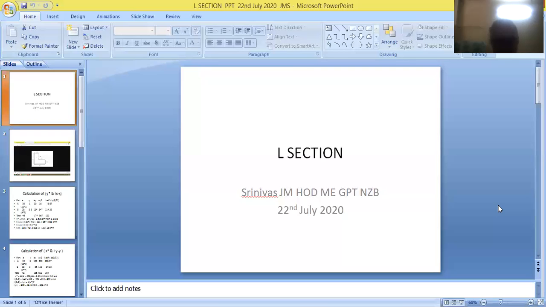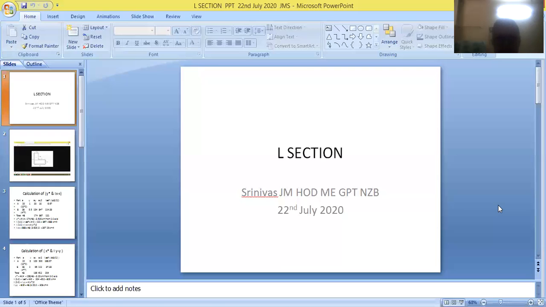So friends, X bar, Y bar calculations are very essential for solving the problem, but also for measuring the values of Ixx and Iyy. These questions will be given in the examination.